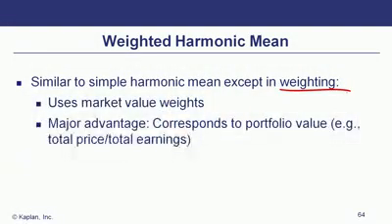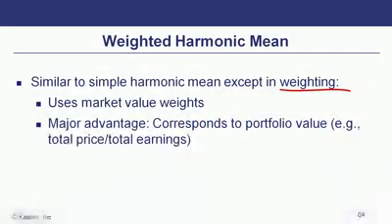It's similar to your simple harmonic mean, except we're going to use weightings, because if I simply average PE ratios within the portfolio, I'm not going to get the PE ratio of the portfolio. As a quick example, let's say stock A is priced at 10 and stock B is priced at 16, and stock A makes $1 of earnings and stock B makes $2 of earnings.